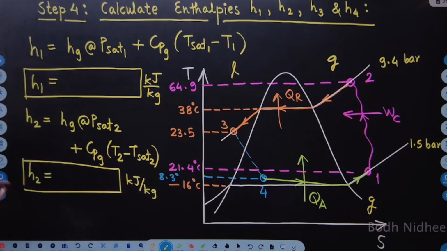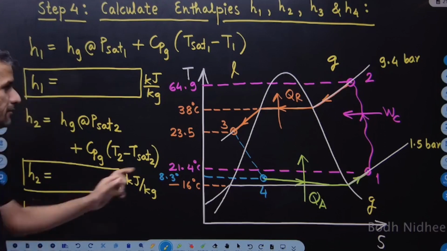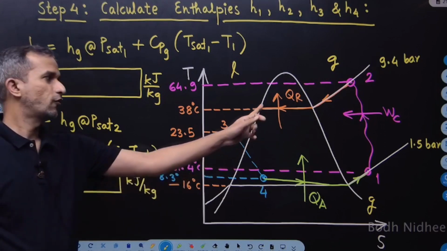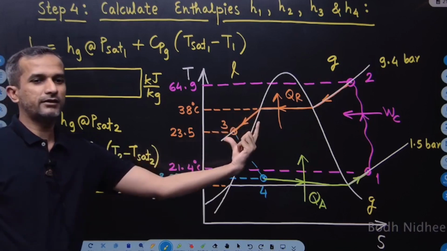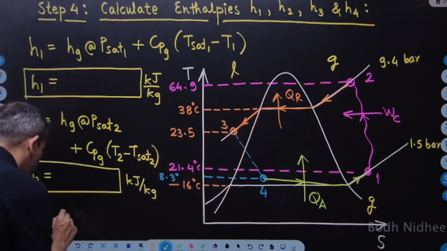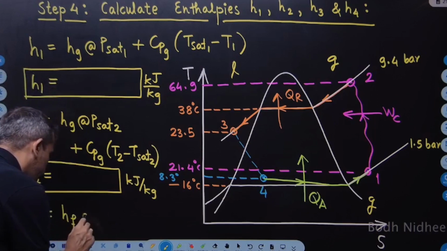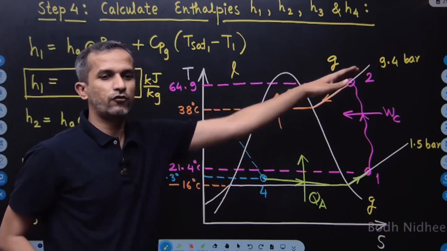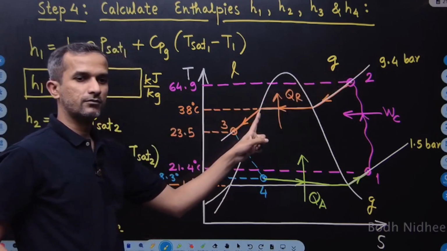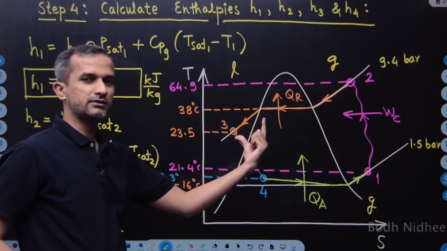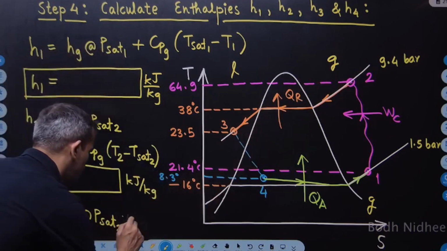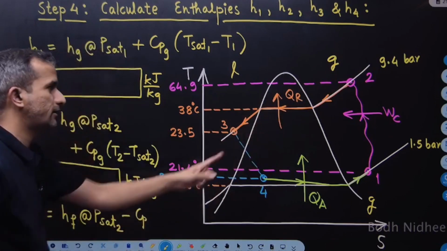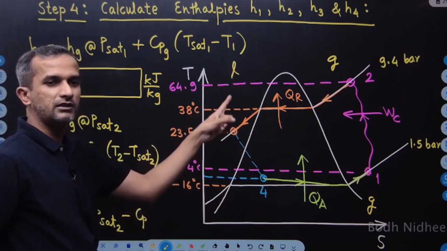Now we'll go for H3. Where is H3? Here. So it is before Hf. So Hf minus Cp delta T. I'll find out Hf at the higher pressure line, that is Psat2, 9.4 bar. Hf value at 9.4 bar minus Cp delta T, where Cp is of liquid, because point number 3 is in the liquid zone.